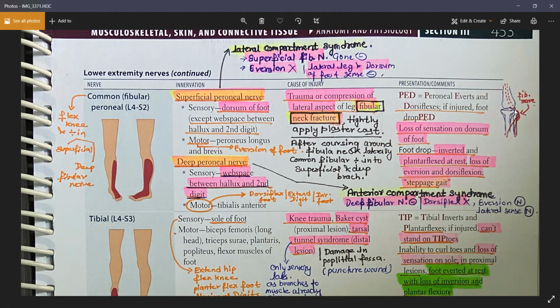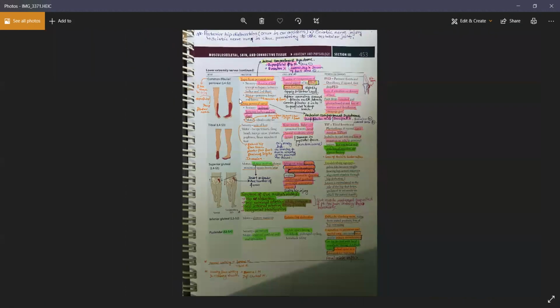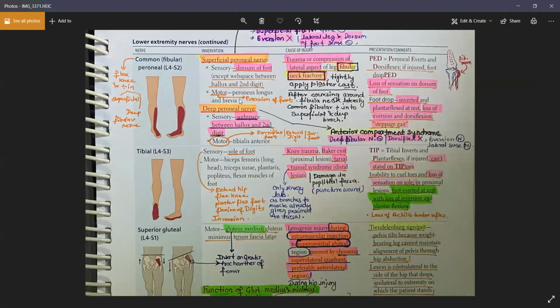So whenever you have any kind of fracture involving the head of the fibula, you can have damage to the common fibular nerve, and then you can have all these symptoms. Is that okay? Yes. So that was all about the common fibular nerve, right?